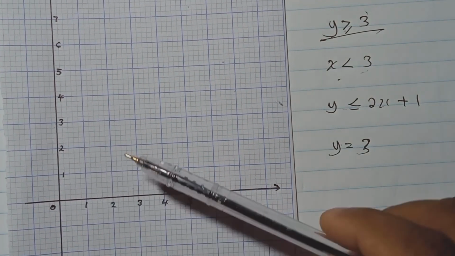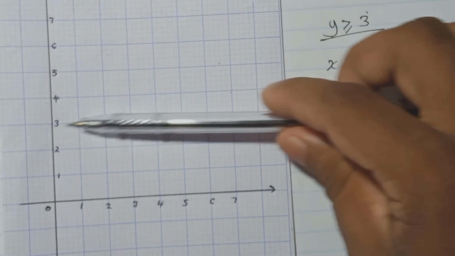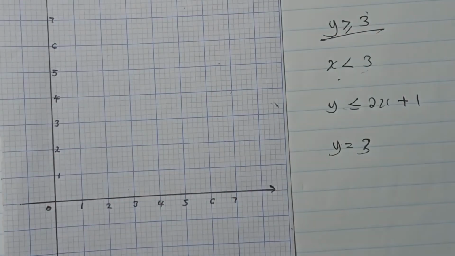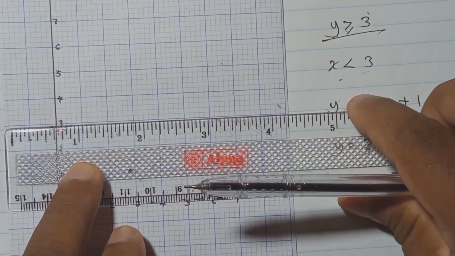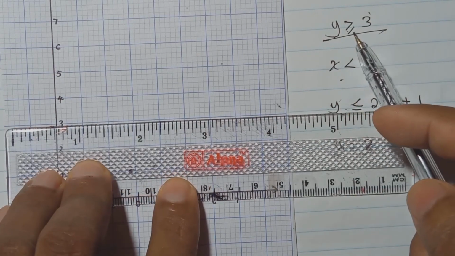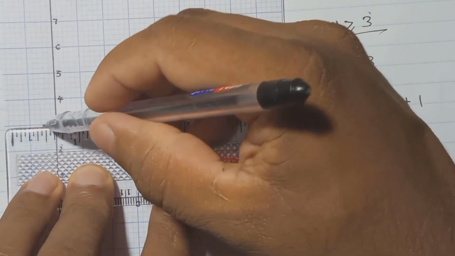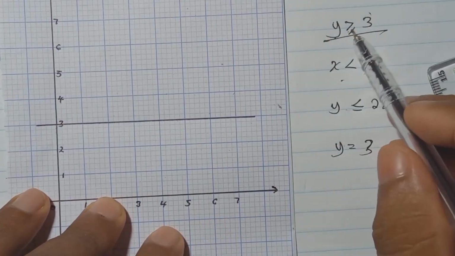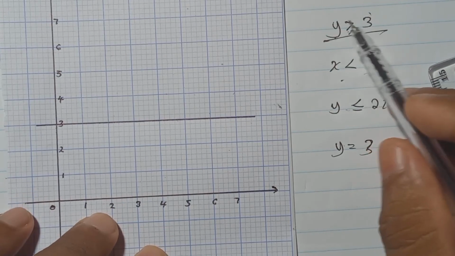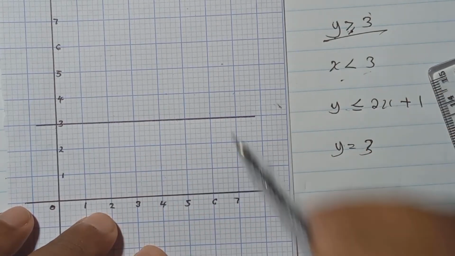Like I told you earlier, it cuts the y-axis. You should draw that line here, y equal 3, but it should be a bold one, not the dashed one, because we have this equal sign, y greater than or equal to, so that's why like this.